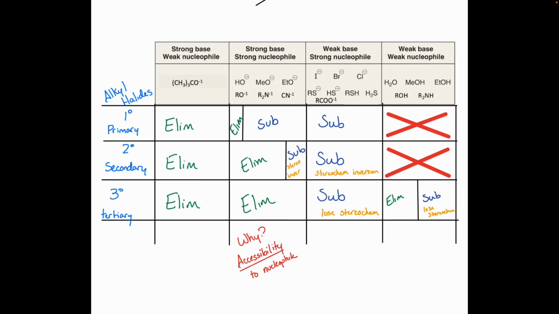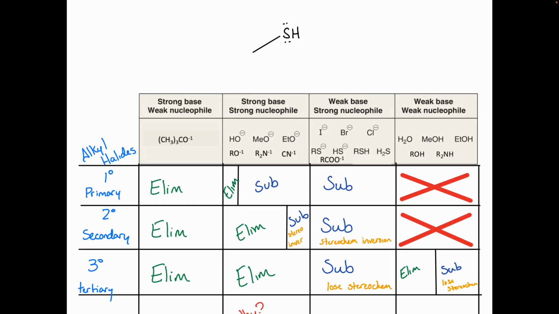What category would that belong to? Weak base, strong nucleophile. So that's this thing right here, right? An R group is any number of carbons. In this case, it's just one plus that SH. So for our secondary alkyl halide, we're only going to see that substitution product.